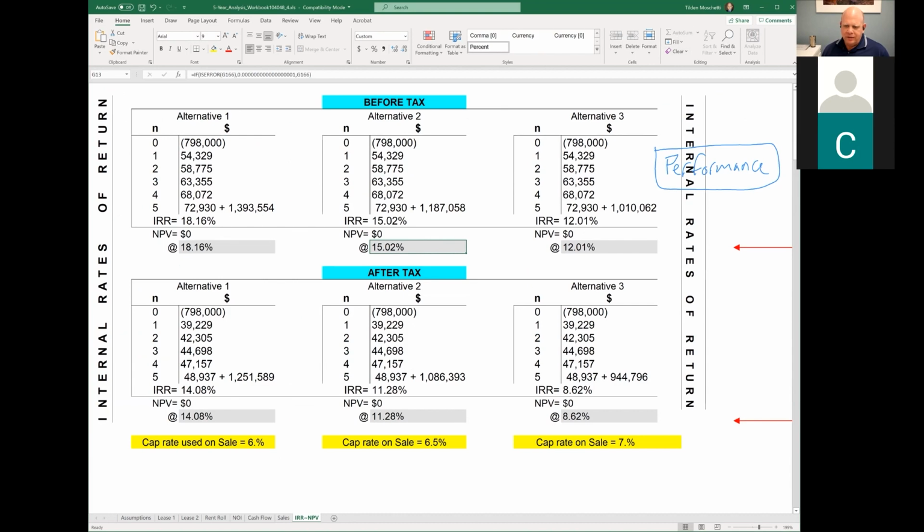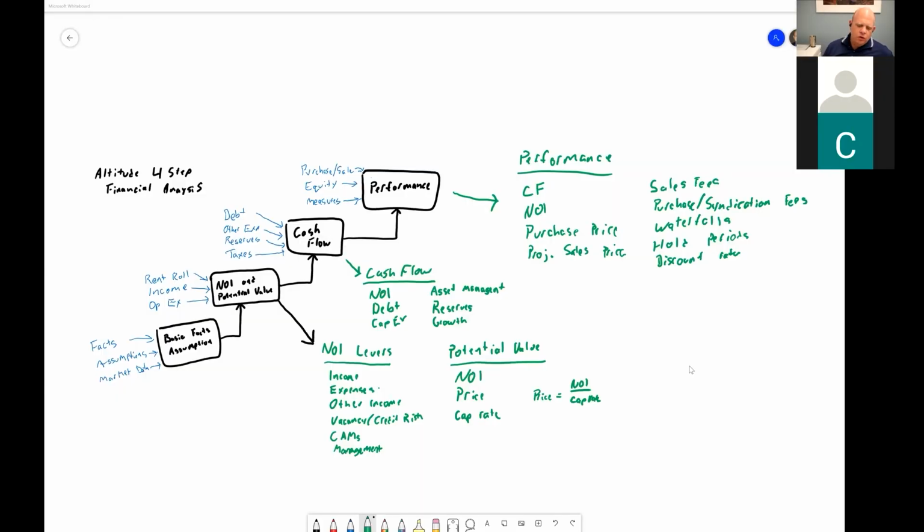So let me switch back to where we started. So all of these levers have now added up to giving us an IRR of 15%.